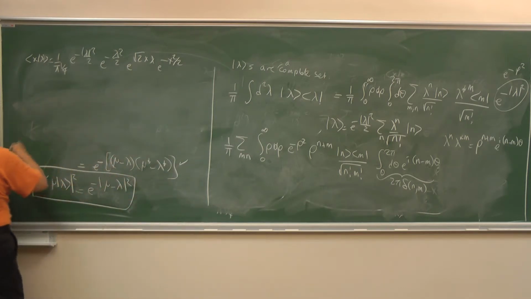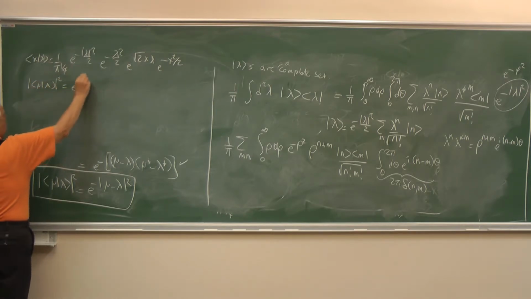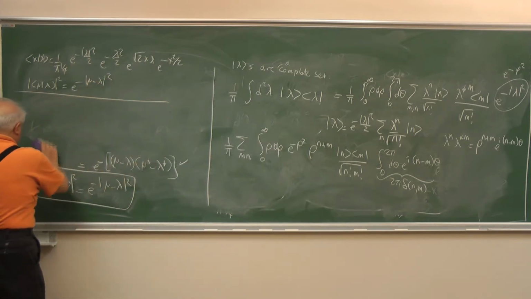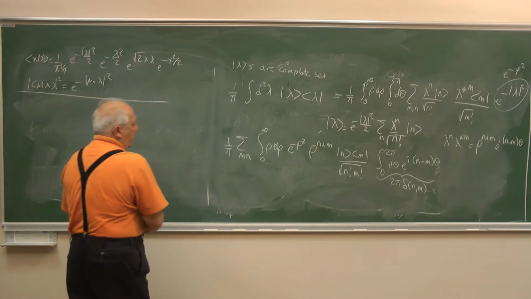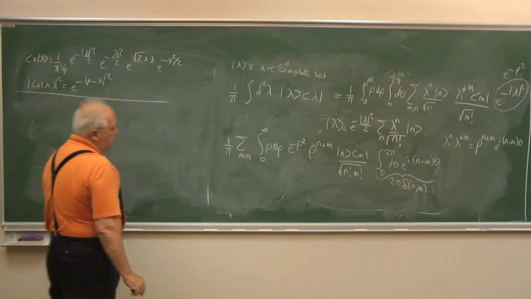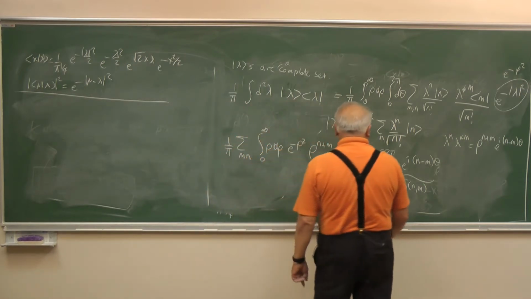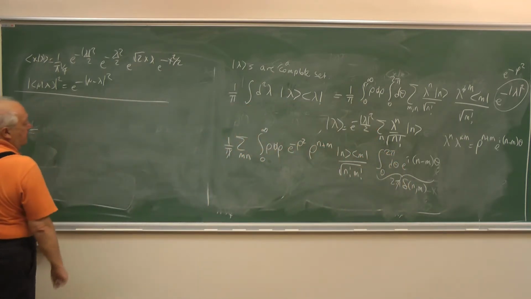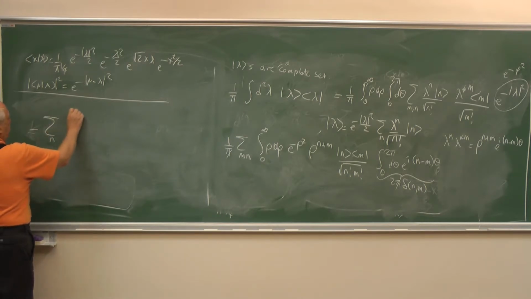Let me carry this result here. So n is equal to m. I have an n factorial that comes out. 2 pi, this pi cancels that. So pi is gone. And n is equal to m, so I have a sum over n from 0 to infinity.